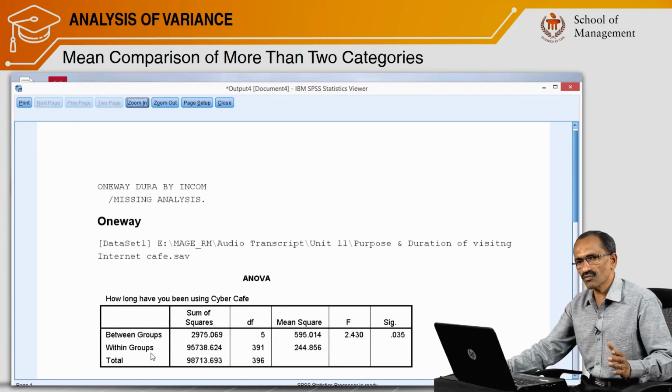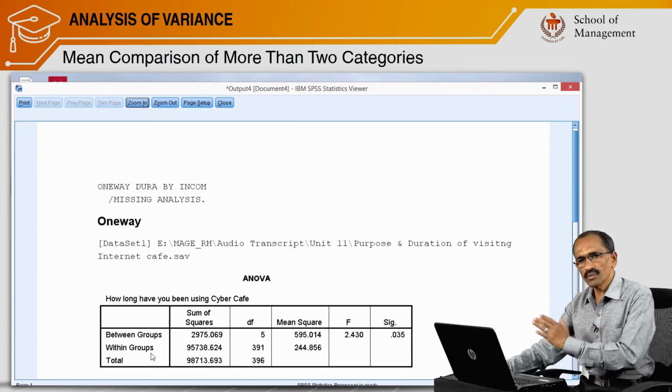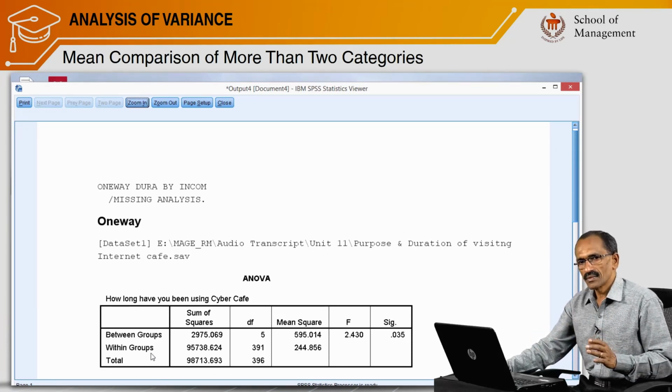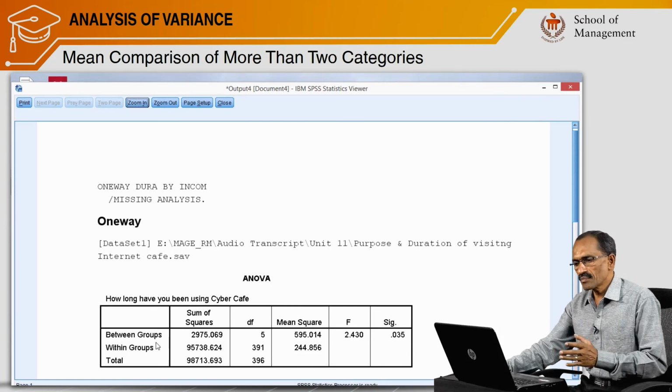Or otherwise, the first group 4, the second group 3, and the third group 3. And we are comparing their average weight. If within the group their weights are equal, definitely there will be differences in the average weights across the categories. That is the implication of between group and within group.